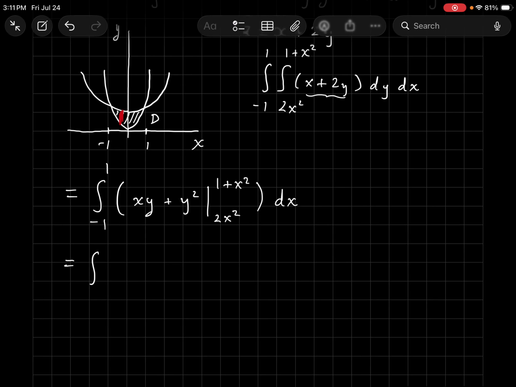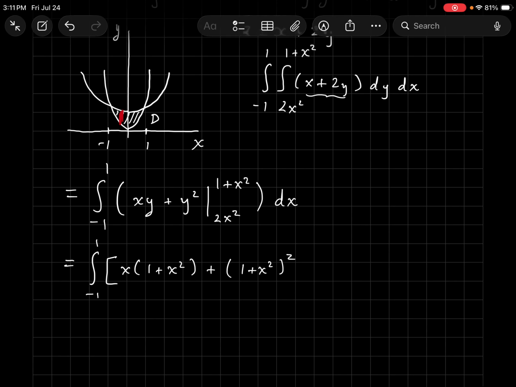Leave my outer integral, -1 to 1. And then we're going to plug in the top limit for y. So we're going to have x times 1 plus x squared, plus y squared, that is 1 plus x squared squared.